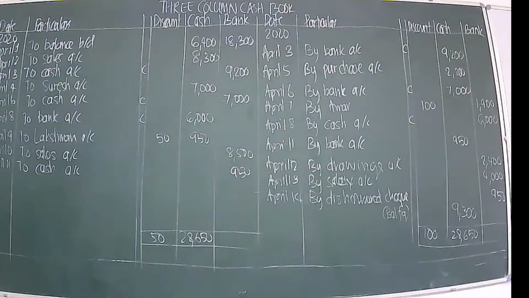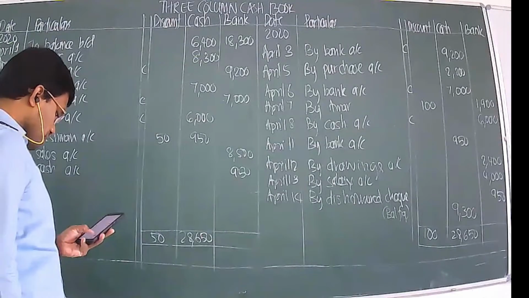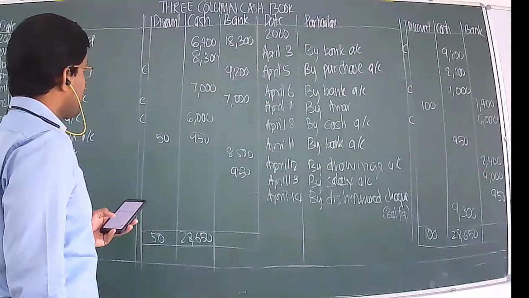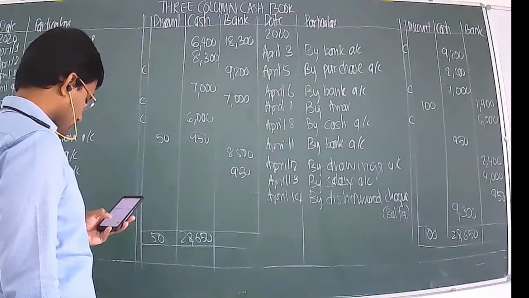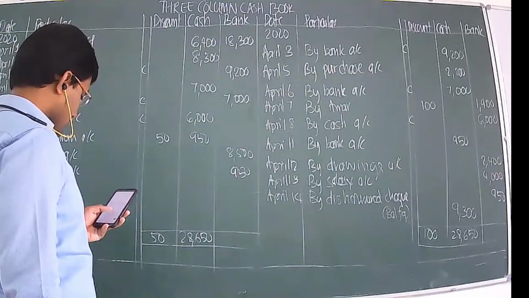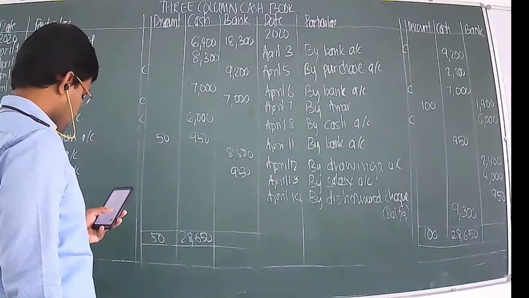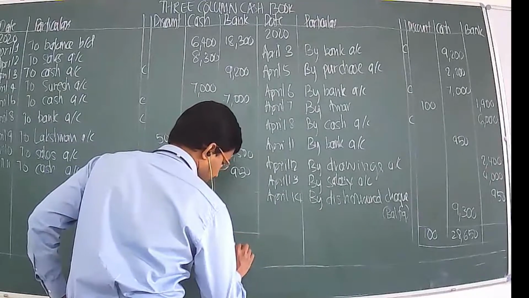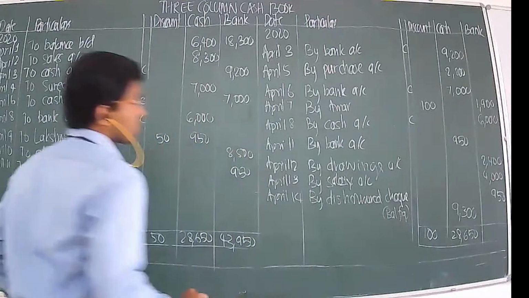Similarly, we have to balance the bank column also. So for the bank column, let me quickly take the total. It's 18,300, 9,200, 7,000, 8,500. Then we have 950. So together that works out to be 43,950.